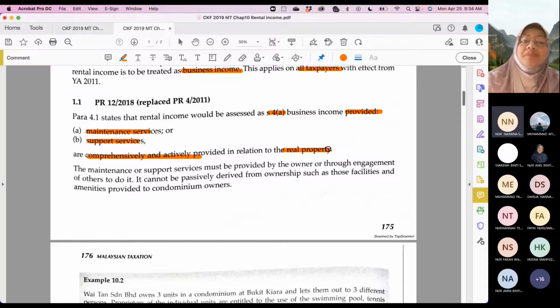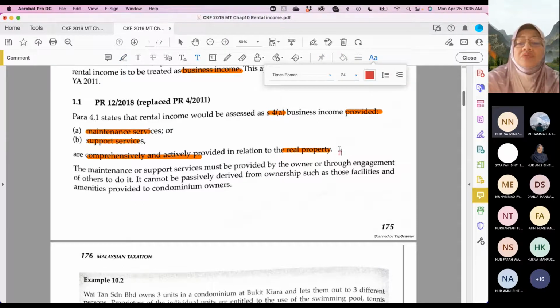Real property here refers to premises only. So we are not referring to the leasing or rental of plant and machinery, or ships. No, it's for real property.